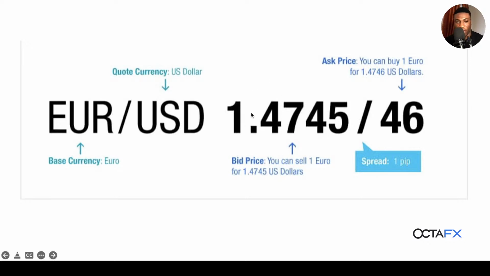So this means that you need this amount, $1.47, in US dollars to get 1 euro. So that is how the currency pair works, right? So you need 1.4746 to buy 1 euro. Okay, let me know if you guys understand in the comment section.